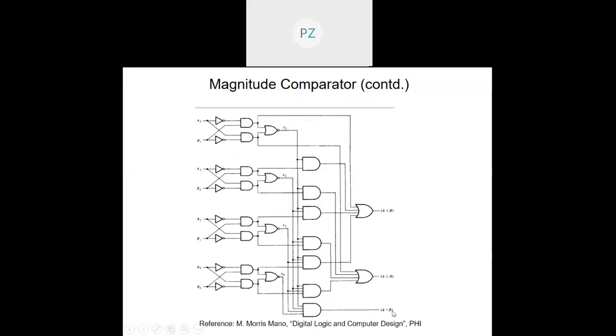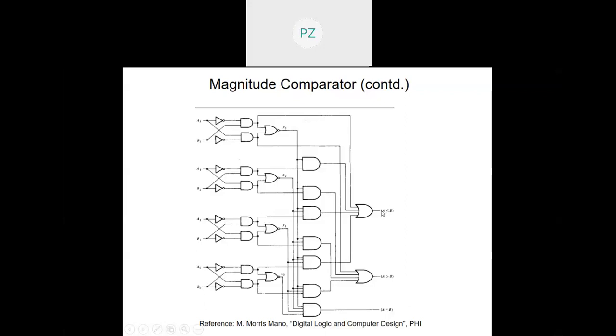When you AND all of them, you get A equal to B. For A greater than B, you get A3 B3 bar, or x3 into A2 B2 bar, or x3 x2 and A1 B1 bar, or x3 x2 x1 and A0 B0 bar. So you'll get A greater than B.